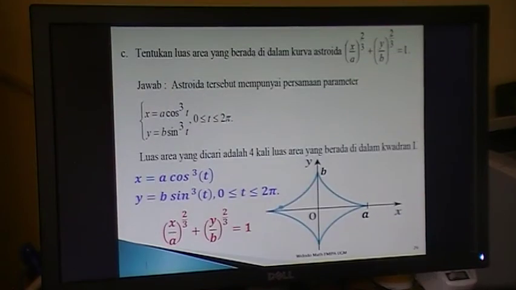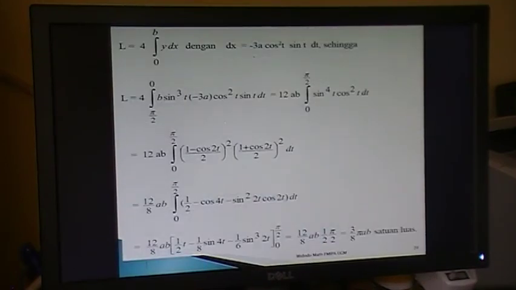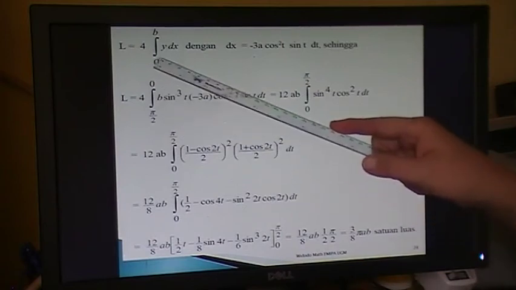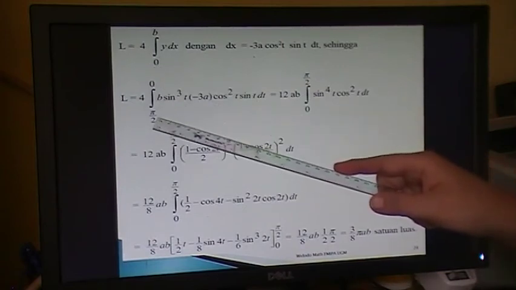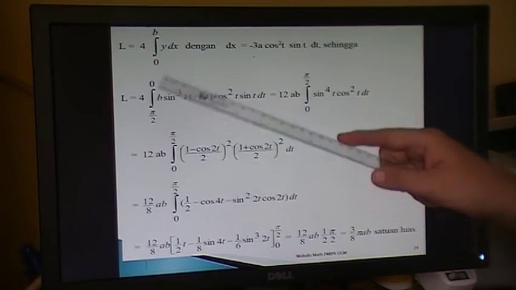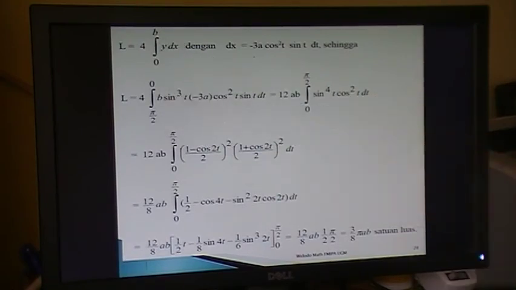So the integral's lower bound becomes pi divided by 2, and the b becomes 0.